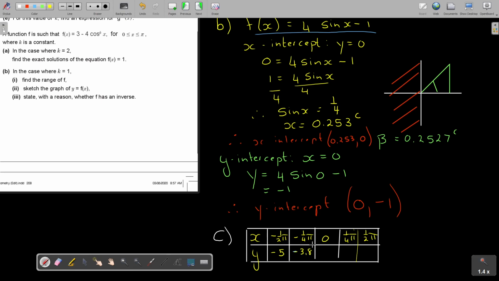And then 0, actually we got 0 already. It was negative 1. And now the next one, 4 multiply sin, bracket 0.25 multiply shift pi, close the bracket, equals minus 1. And this is going to be 1.8.